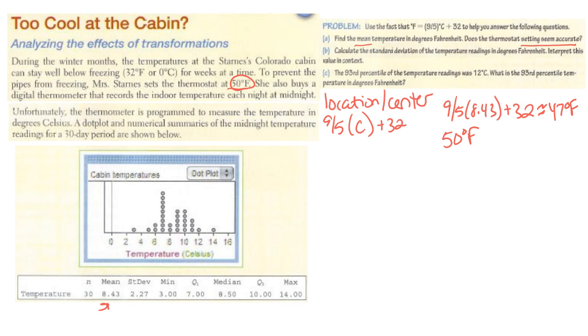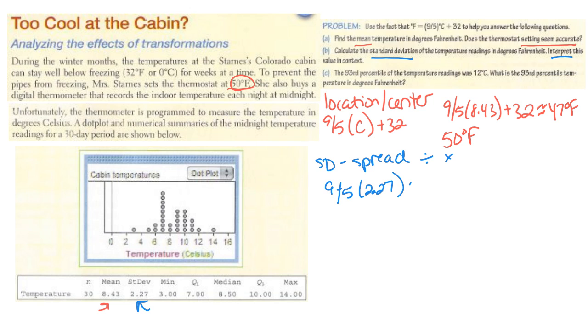Looking at part B, it's asking us to calculate standard deviation and interpret it in context. Well, standard deviation, remember, is a form of spread. Spread is only affected by division and multiplication. So when I'm applying my constants here to standard deviation, in the conversion of temperature, I'm only going to apply the multiplication part, because remember, addition and subtraction don't impact spread. They remain the same.